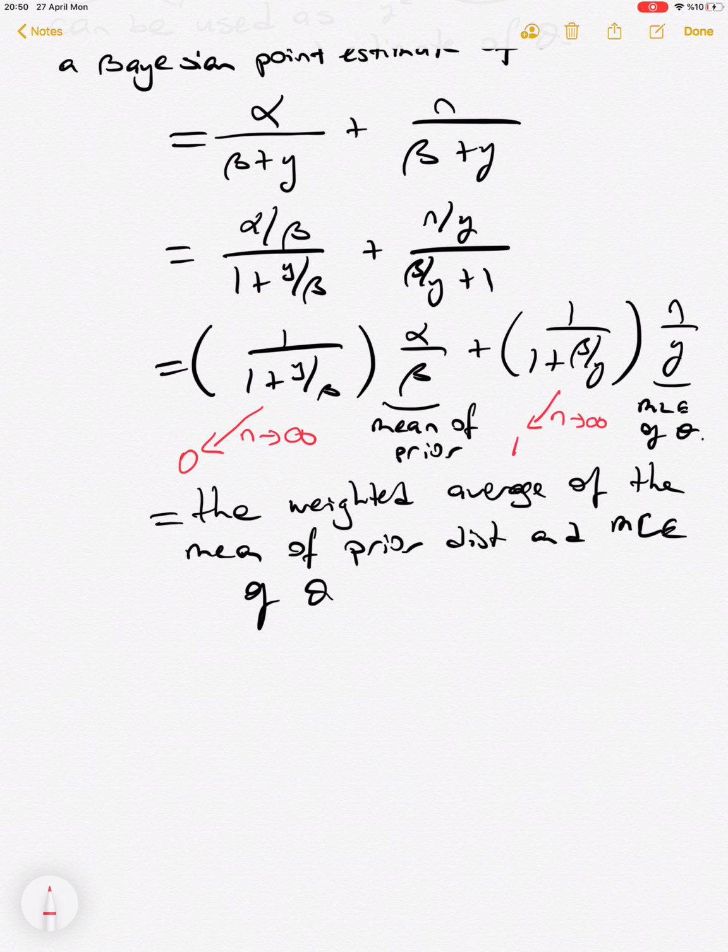So when the sample size gets larger and larger, this quantity converges to the MLE of theta. So when we have large sample sizes, this point estimate, the expectation of the posterior distribution, converges to the MLE of theta for this example. This is not always the case, but we have it in this case.